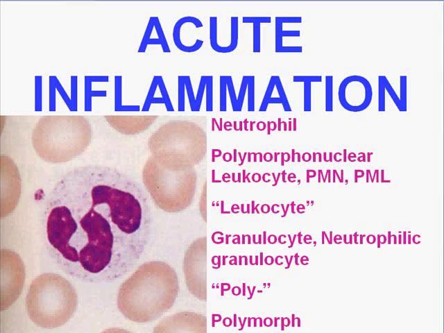The reason I'd like to call it a poly is because when you see polys infiltrating normal histology, you could call that acute inflammation of that tissue. You see polys in an appendix, call it acute appendicitis. You see polys in a gallbladder, call it acute cholecystitis. That's the principle.